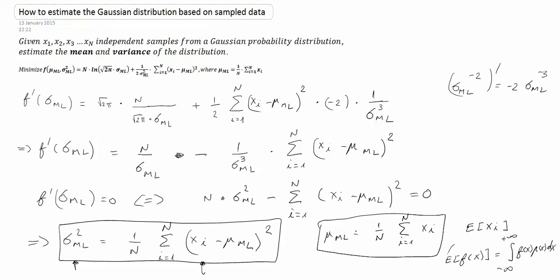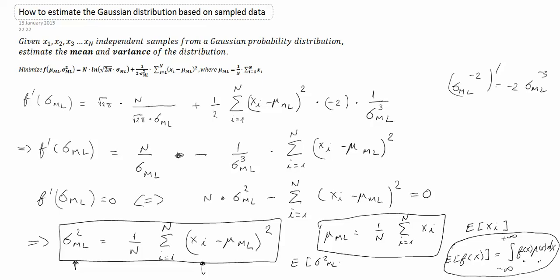So basically I'm integrating over the whole R, and I am making the product between the value of the function and the probability of actually getting that value, so the probability of x being located at that particular point.